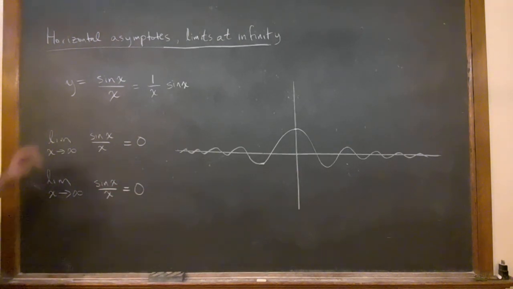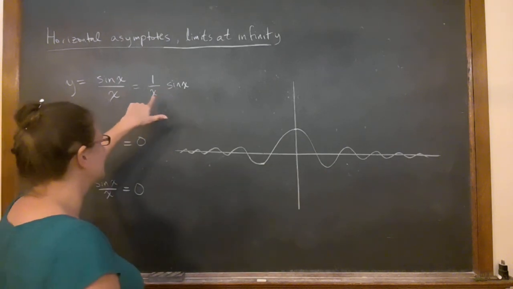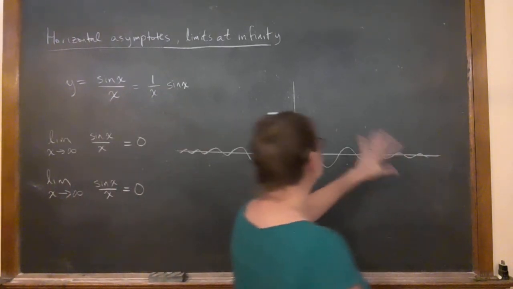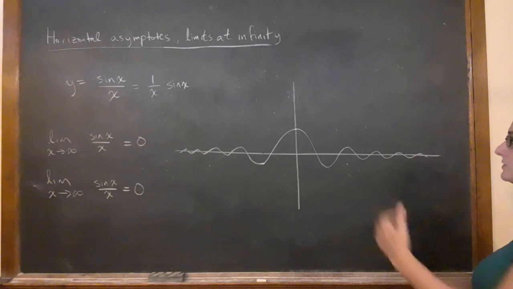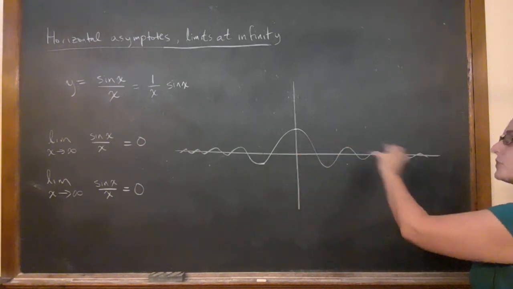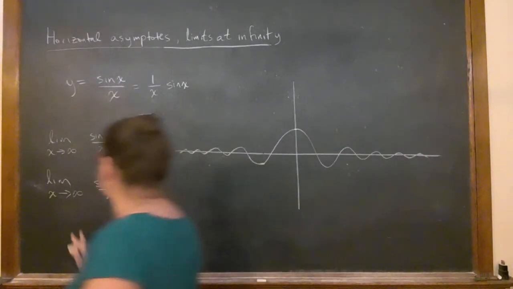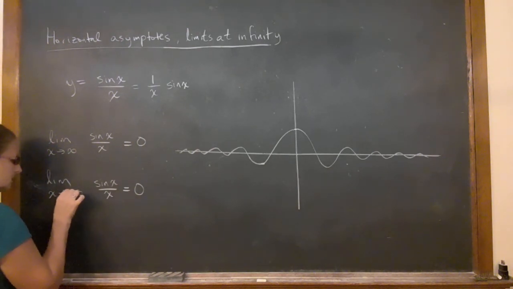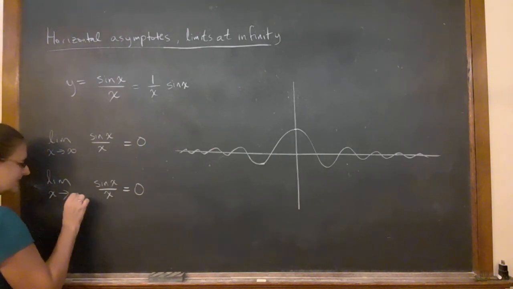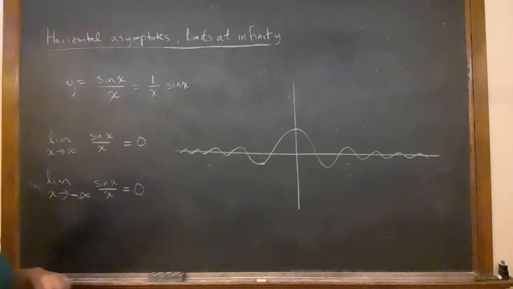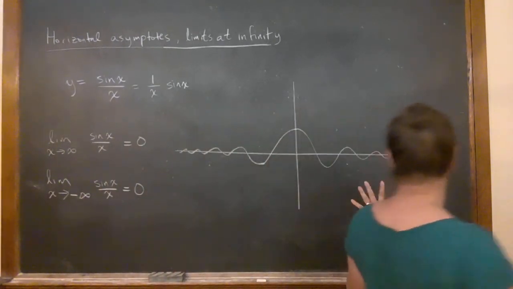But remember, it's sine x times x, so it is odd function times odd function. You do get an even function, so that makes sense. Both sides are going to be doing the same thing. They're both getting squashed down to 0. Oops, I forgot to put the negative here. Sorry, guys. Negative infinity. All right, so we have that.